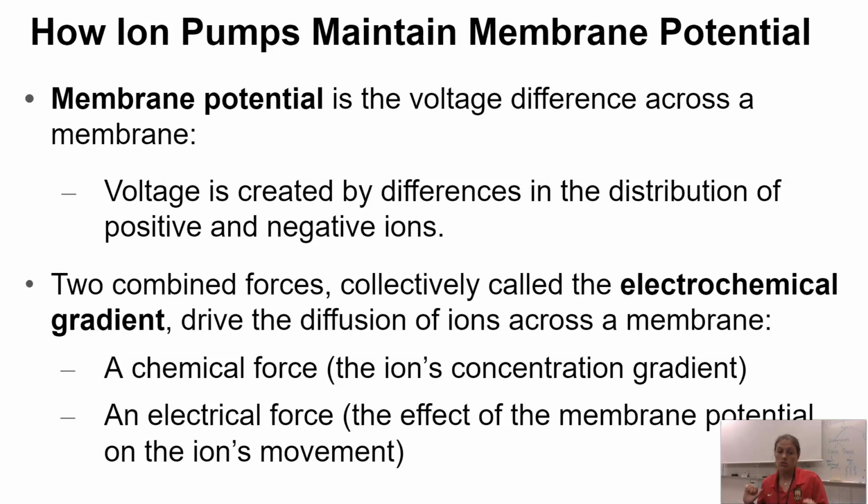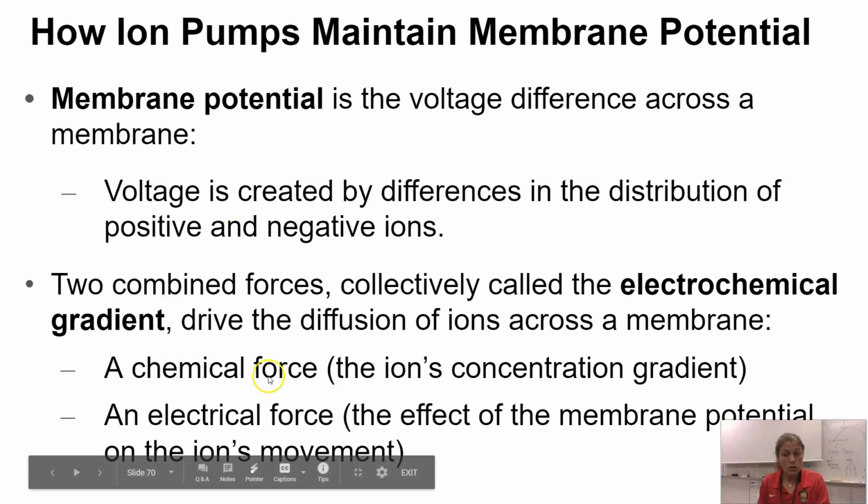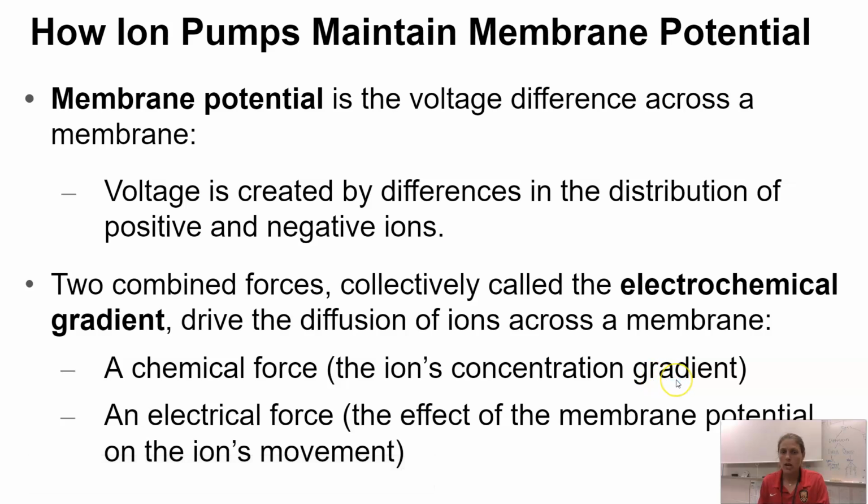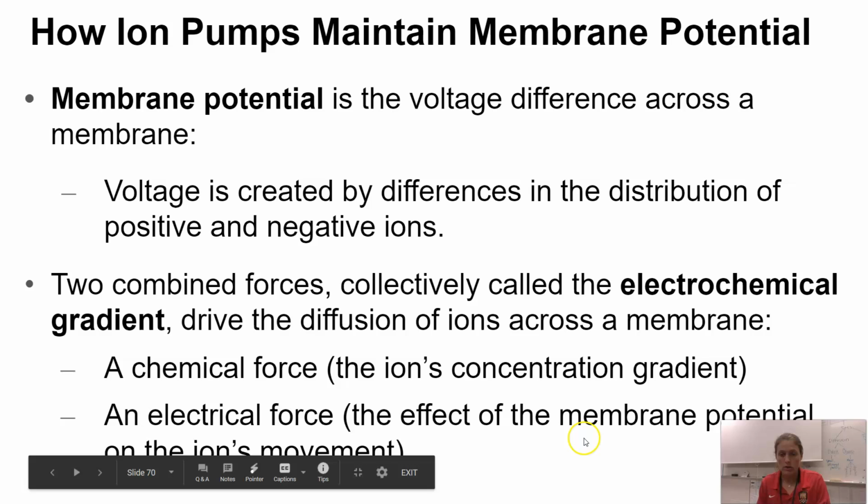And when we say drives the diffusion of the ions, it's like they're going to build up so much that they fire all at the same time and create that electrochemical pulse. This is a chemical force because the ions have a concentration gradient, sodium and potassium. This is an electrical force because there is a charge on those ions that builds us a membrane potential.